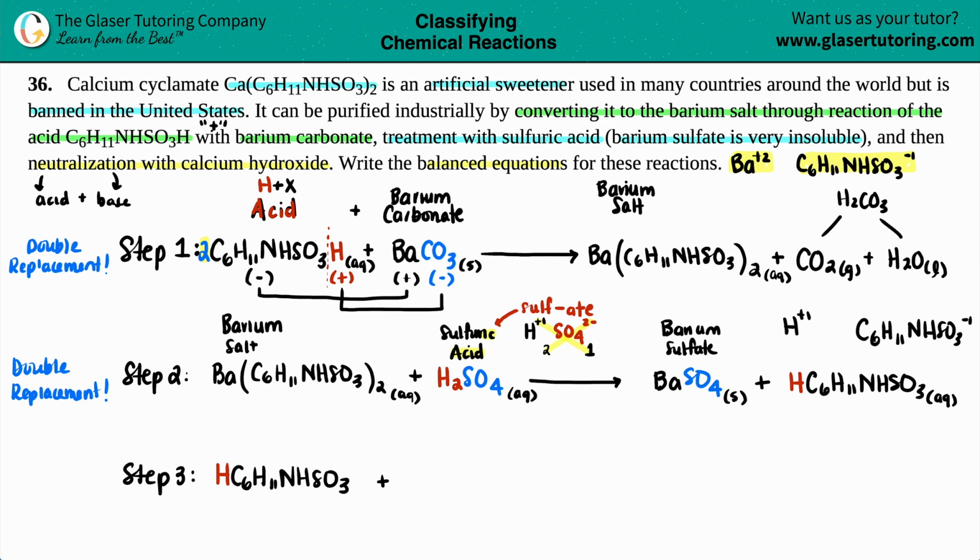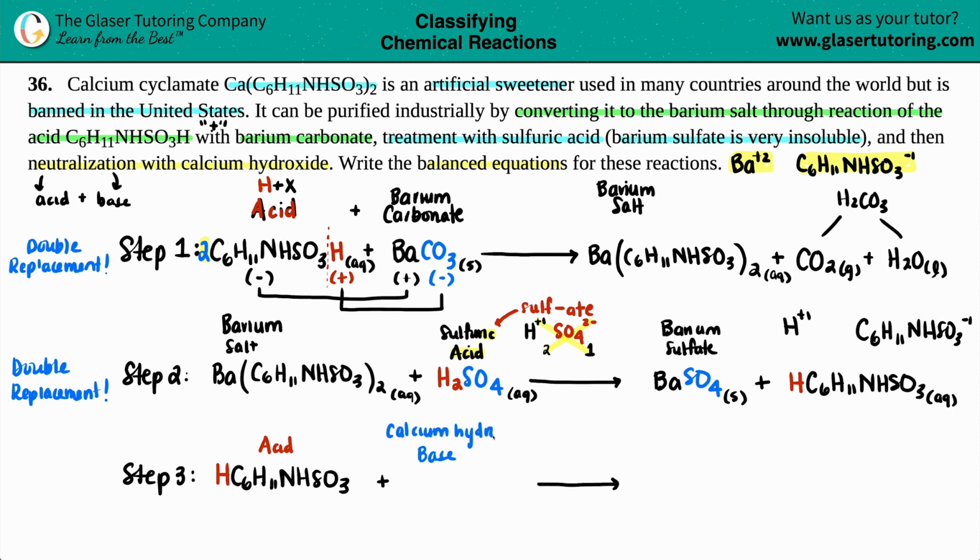So this is the acid. We're going to be adding it with the base. And they told us that we're going to neutralize it with calcium hydroxide. That's the base. Calcium hydroxide is a strong base.